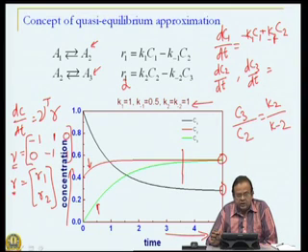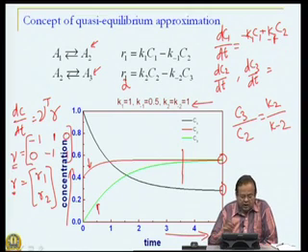Now, why is this happening, or what is the difference between the two cases? We started with the same mass balance equations, except the kinetic parameter values are different.